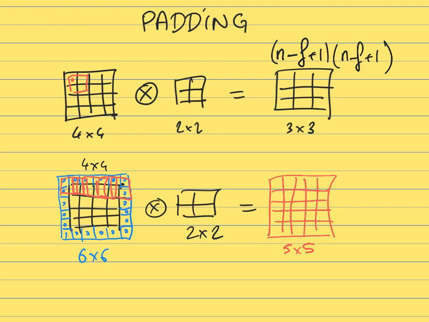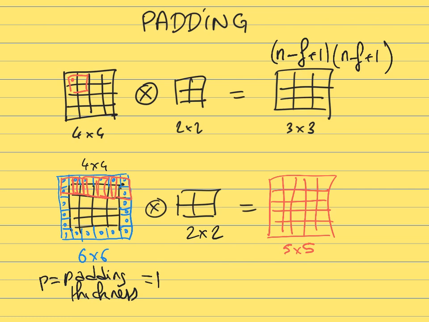So we will add another parameter p, which is the padding thickness. In this case the thickness will be 1, because we only add 1 layer of padding, but potentially we could add more than 1 layer of padding if we had a very large filter.